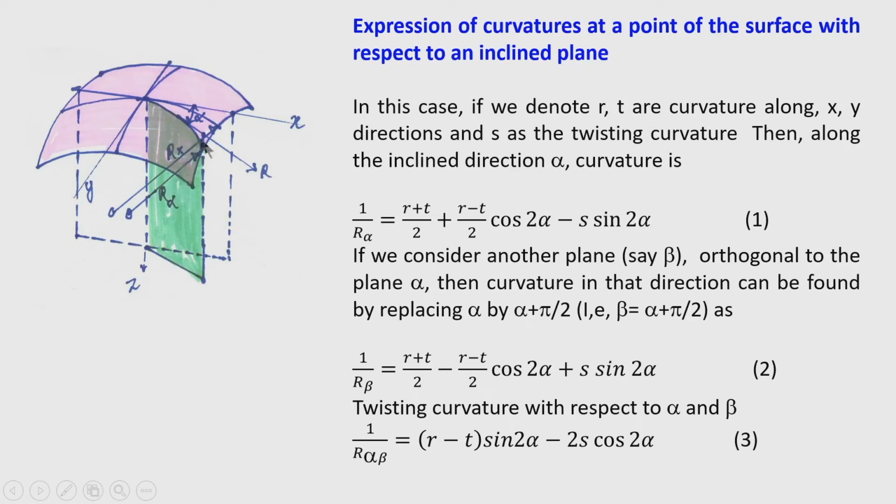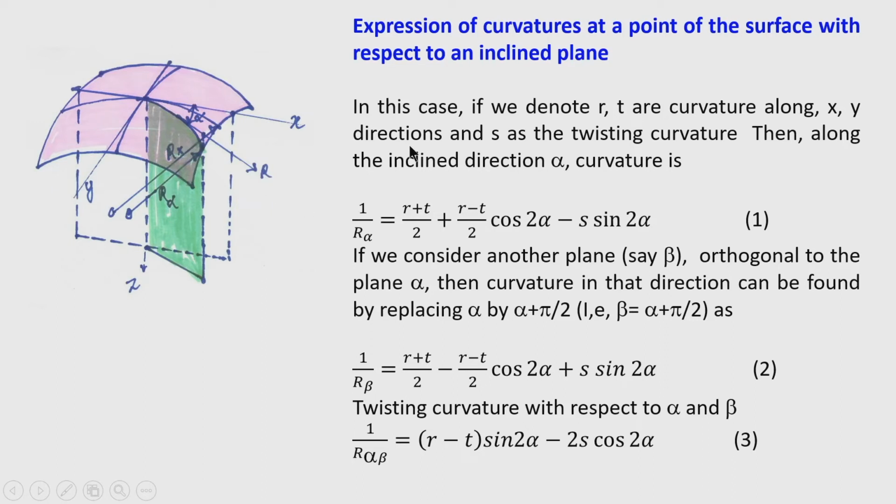Now, consider an inclined plane, shown by this green color, inclined at an angle alpha with the original x z plane. Here the axis is oriented along the other direction, so this axis may be x dash axis.